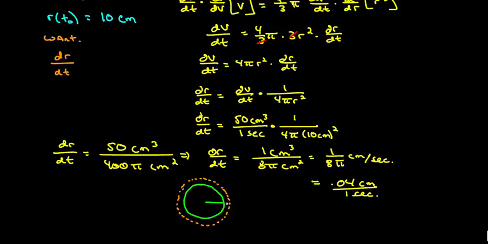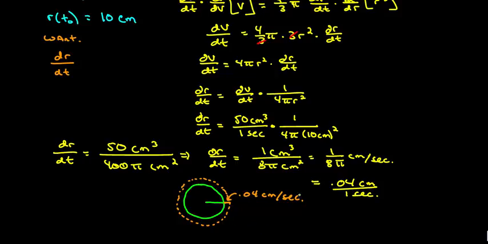Okay, so big picture here. The distance, this little guy right here, that the radius changes, so if the volume increases by 50 cubic centimeters per second, then the radius, this guy, changes by 0.04 centimeters in that 1 second, roughly.